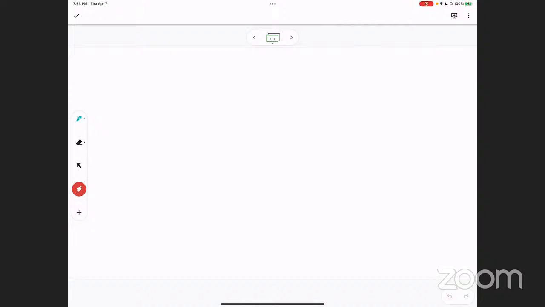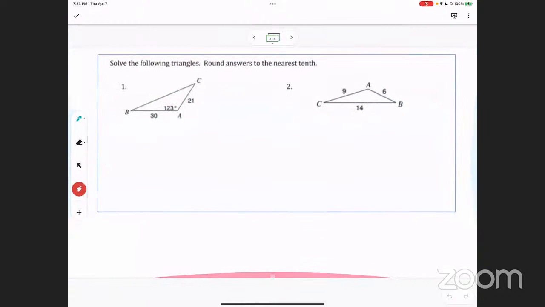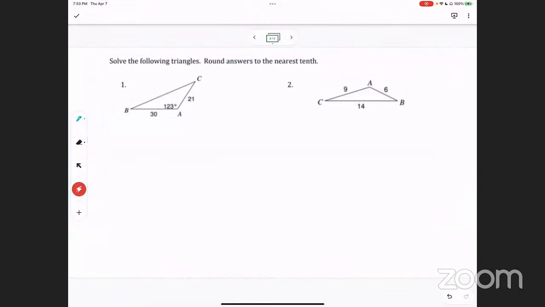It's from the homework that I missed. This was the homework for today. These are like just 2 examples. All right. So which property should I use for this first one?